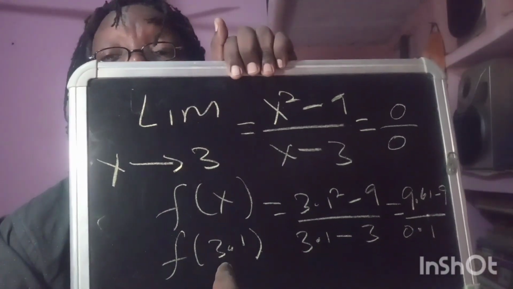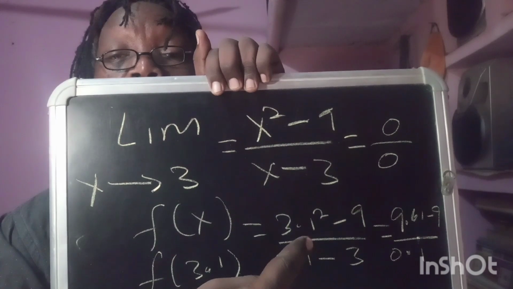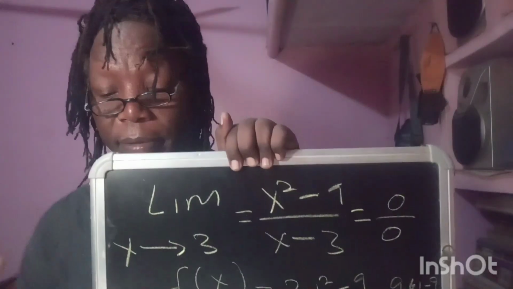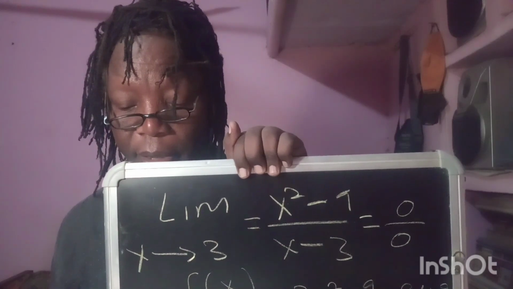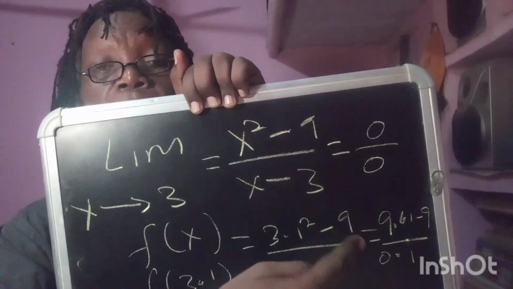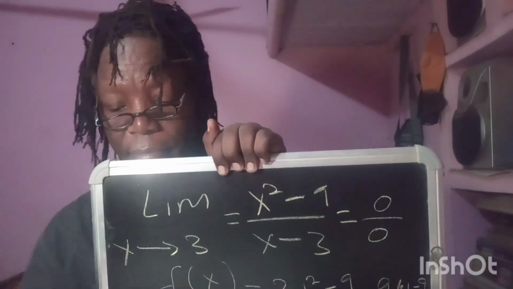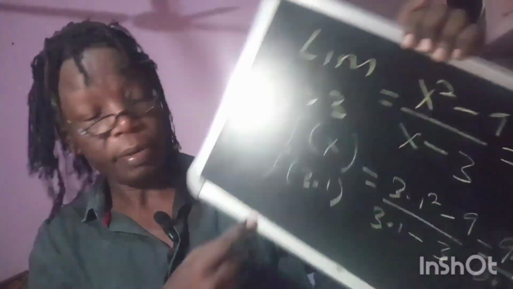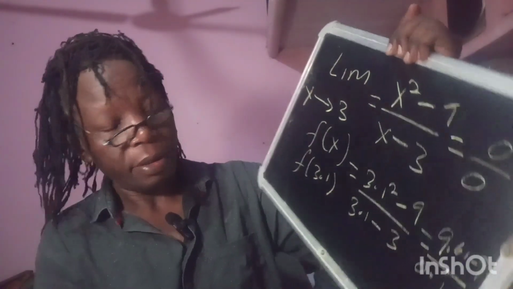If you do this maths, you square 3.1 and it gives you 9.61. You subtract 9 to give you 0.61. Okay, let me write it.